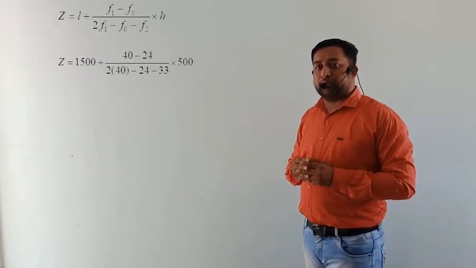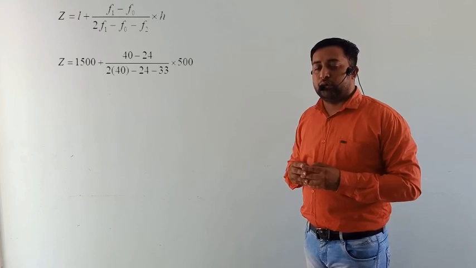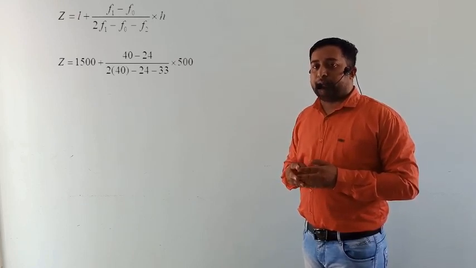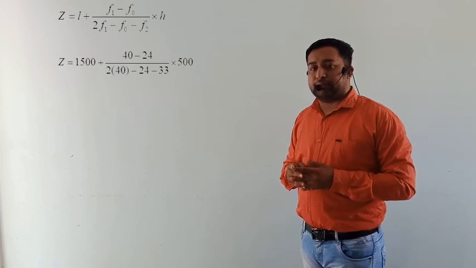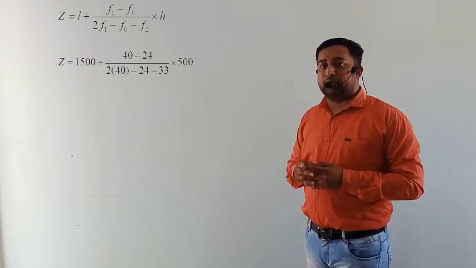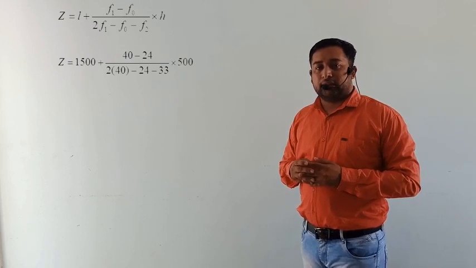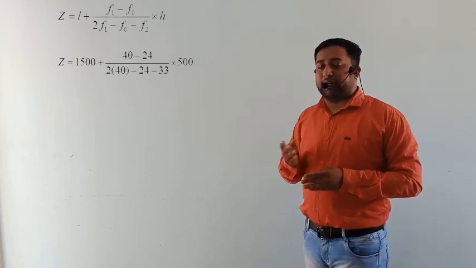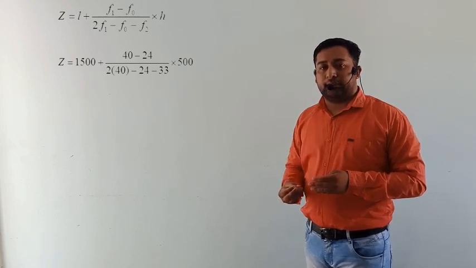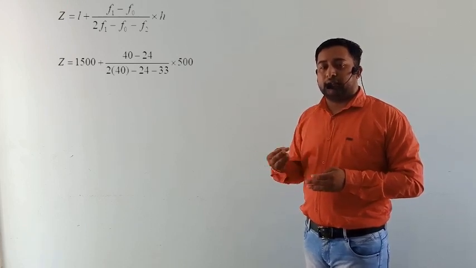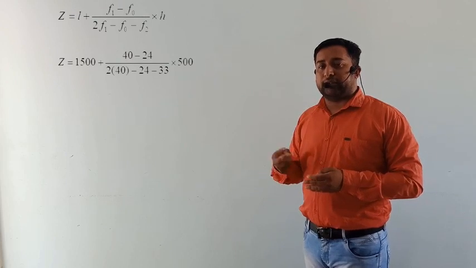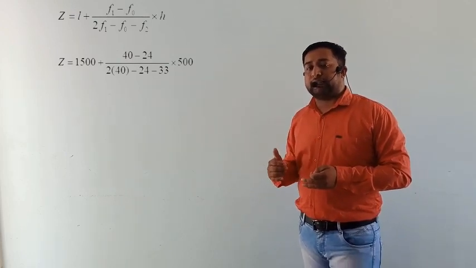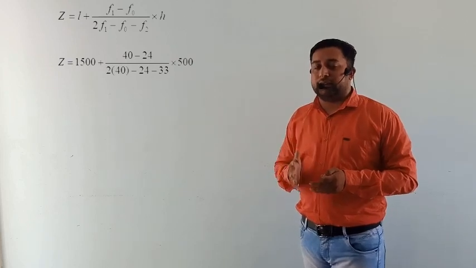Substituting all these values in our formula, Z is equal to L plus (f1 minus f0) upon (2f1 minus f0 minus f2) into h. Let's check our class length. 1500 minus 1000, 500; 2000 minus 1500, 500; 2500 minus 2000, 500. For all the classes, your class length is 500.